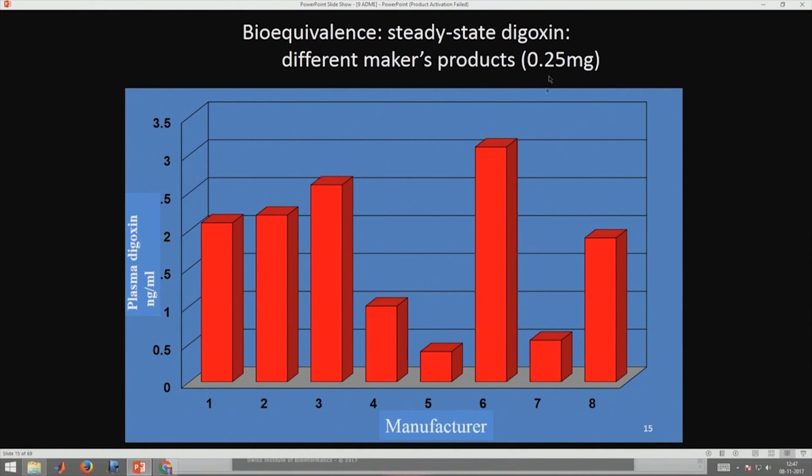For this manufacturer you may have 3, whereas for this manufacturer it could be 0.4, so almost 10 times difference. The availability of this drug has changed so much depending on the manufacturer. Why is it? Because of the way they manufacture, the way they make the tablet, the way other components have been added, it can change dramatically.